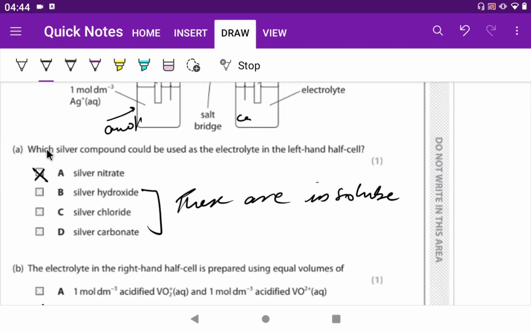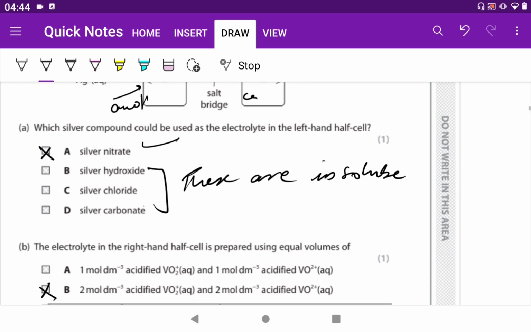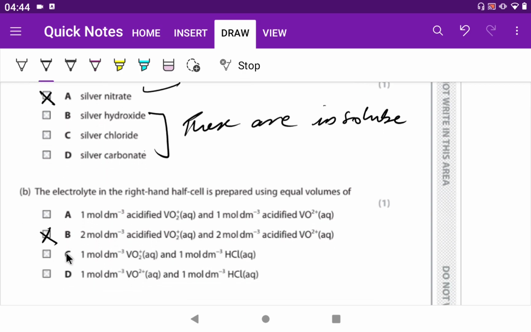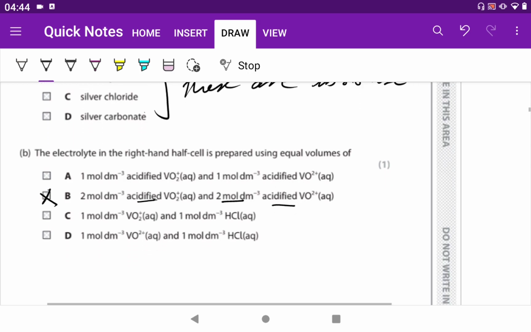Now, which silver compound could be used as electrolyte in the left hand half cell? The answer is silver nitrate, because it is soluble and the rest of these compounds are insoluble. The electrolyte in the right hand half cell is prepared using equal volumes of 2 moles per decimetre cubed acidified VO2 plus.